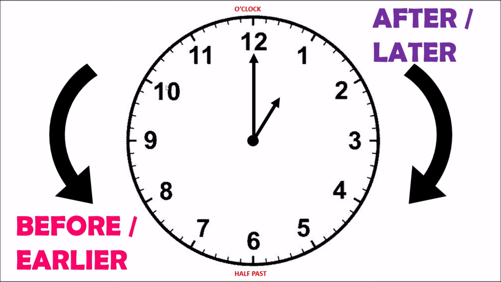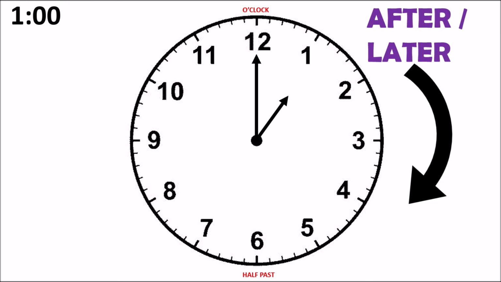What did you do in the morning when you woke up? Maybe you woke up at 8 o'clock. What did you do before 1 o'clock? We're going this way. So when we go clockwise, we say after or later. And when we go anti-clockwise, backwards, we say before or earlier.